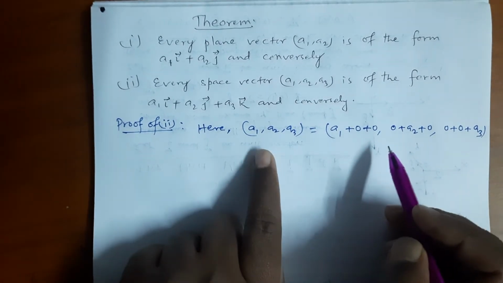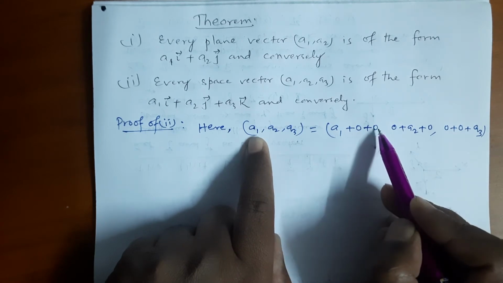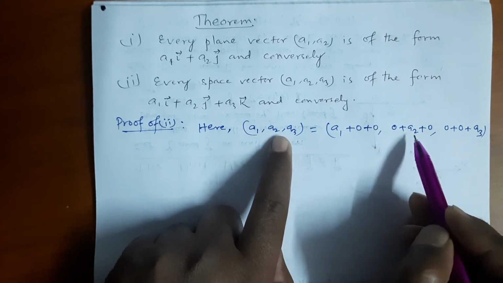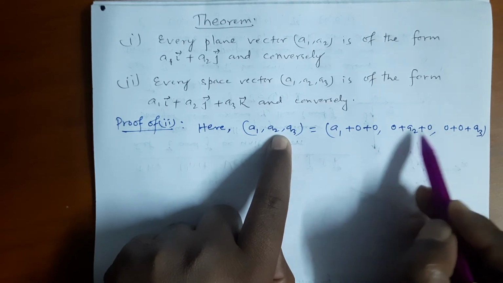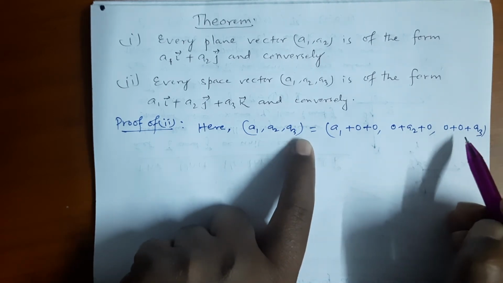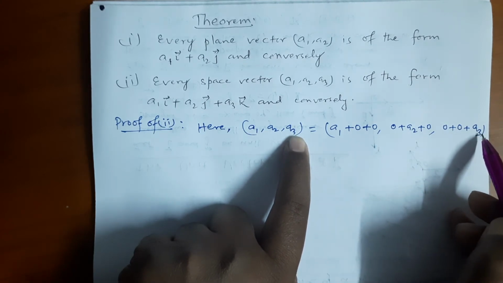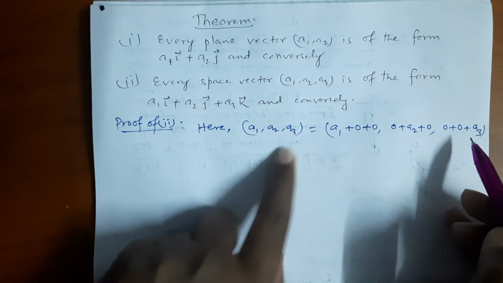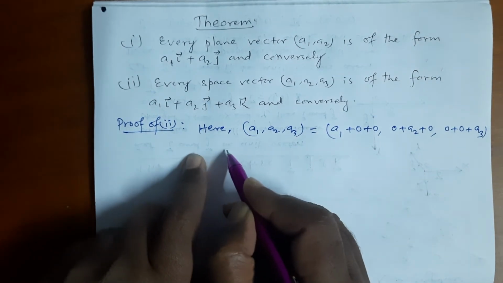Here a1 is the x coordinate, so the remaining y and z coordinates, 0 and 0, we have written. Here a2 is the y coordinate, so the remaining x and z coordinates, 0 and 0, we have written. And a3 is the z coordinate, so the x and y coordinates, 0 and 0, we have written. In this way we have written this form.